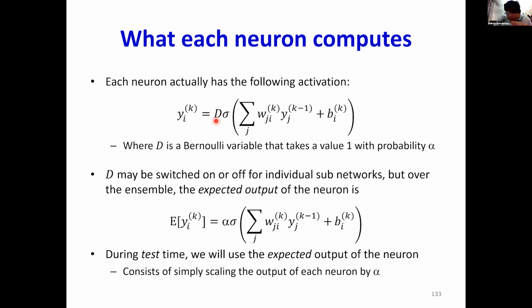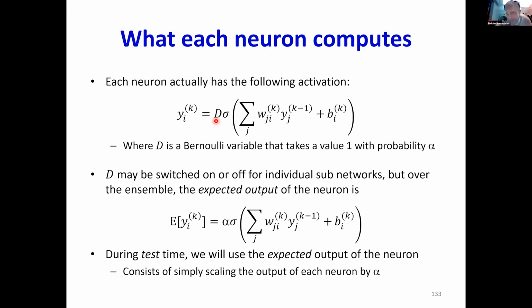Can someone answer me? D is a Bernoulli random variable with probability alpha. So what is the expected value of D? Alpha. How many of you agree that it's alpha? Do you agree that the expected value of D is alpha? Yes or no?